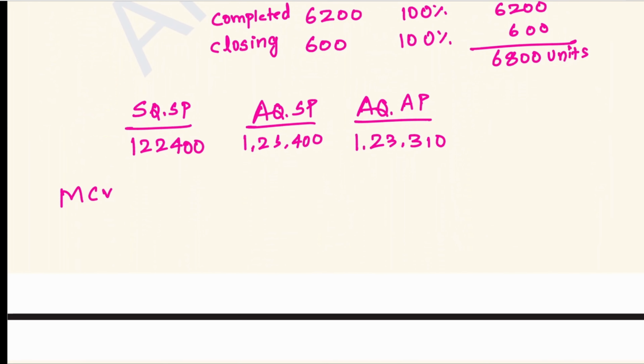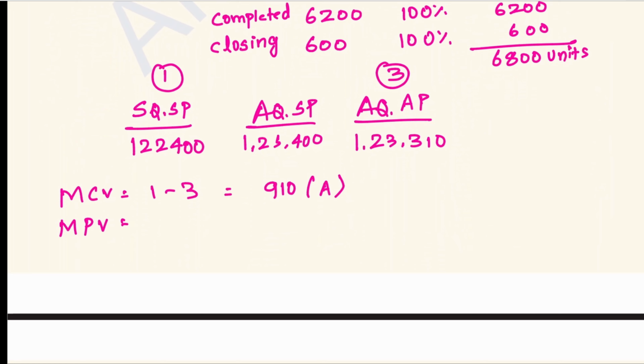Material cost variance is equal to 1 minus 3, is equal to 910 adverse. Now material price variance, 2 minus 3, this is 2090 favorable.